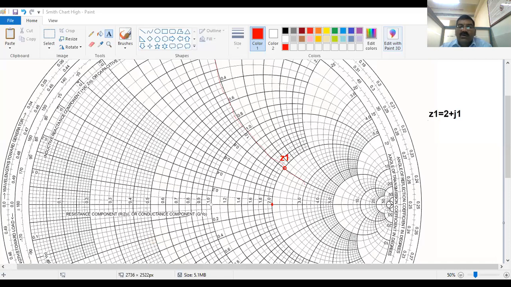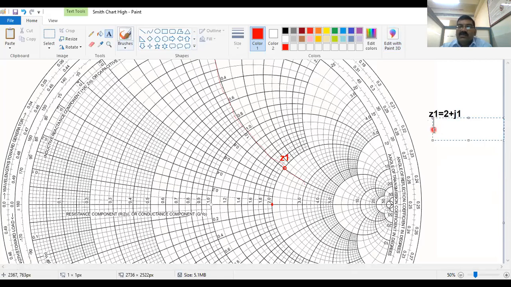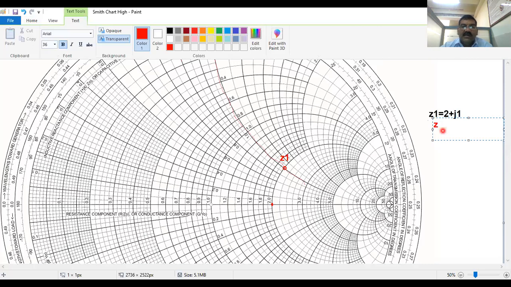I just put the Z2 here. We'll go one by one. So Z2 equals 1.5 minus j2.